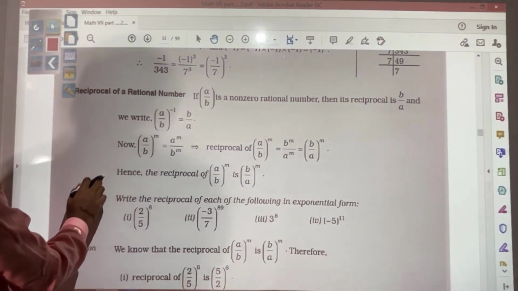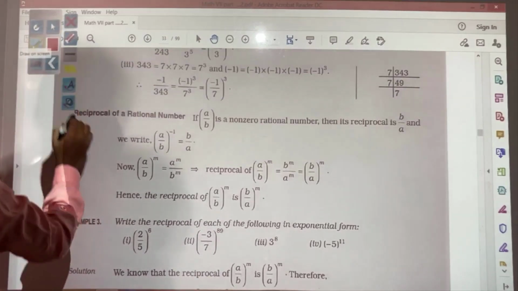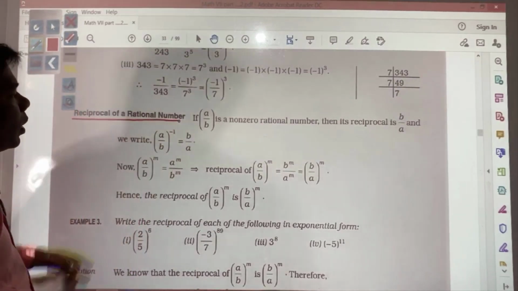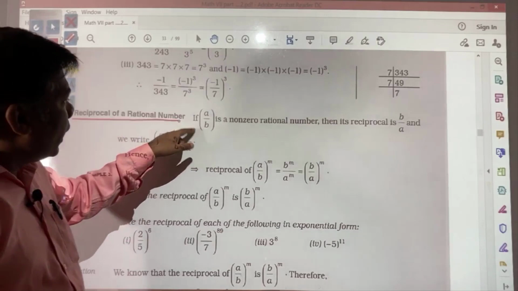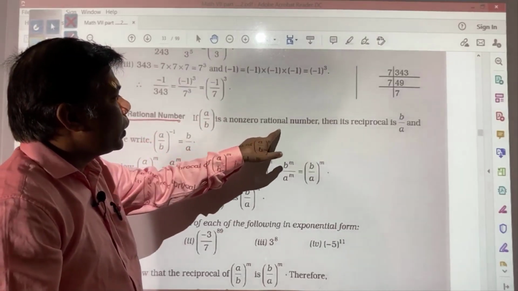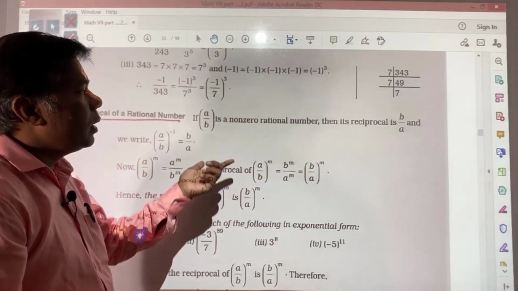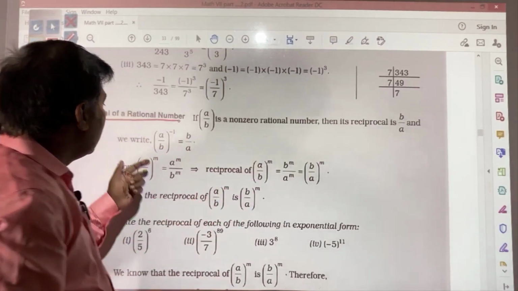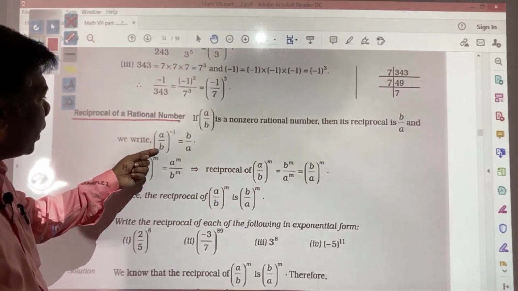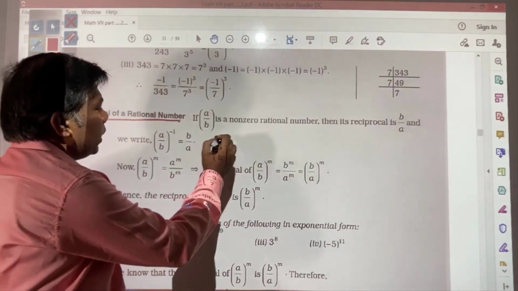Then we have the reciprocal of a rational number. If a by b is a non-zero rational number, then its reciprocal is b by a. Already you have seen. And we write it as a by b inverse. What do we read this as?